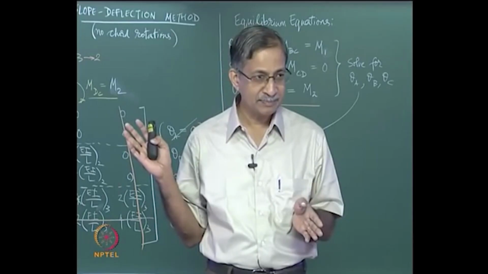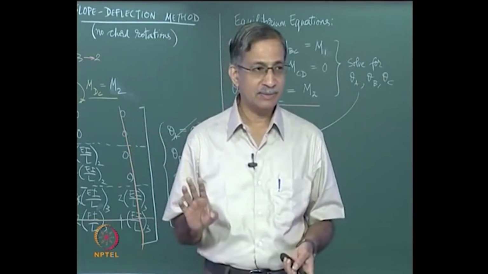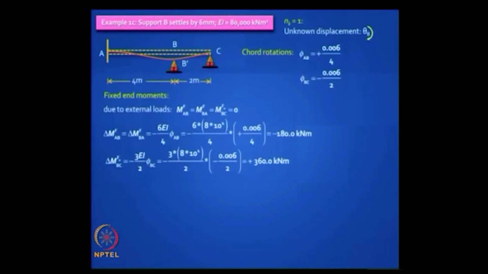Remember last class? So are you comfortable with these two equations? You get them from this is a known sway problem, the chord rotations are known. The difficulty comes when you have unknown chord rotations, which we will see later.